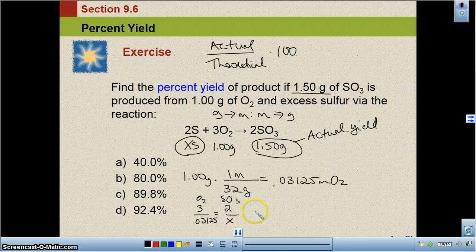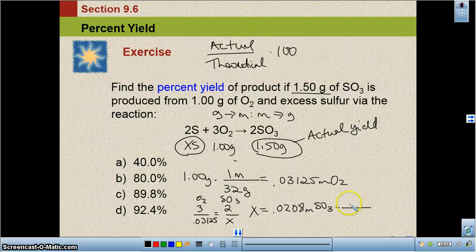How much sulfur trioxide would I end up with? So we're going to solve for x. 0.03125 times 2 divided by 3. I should end up with 0.0208 moles of SO3.